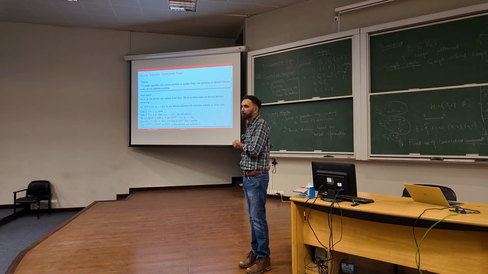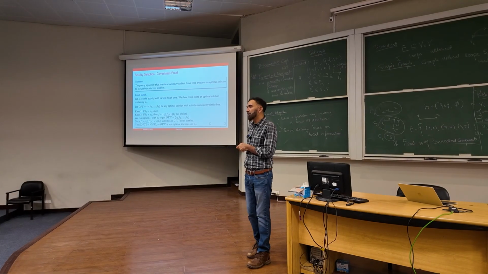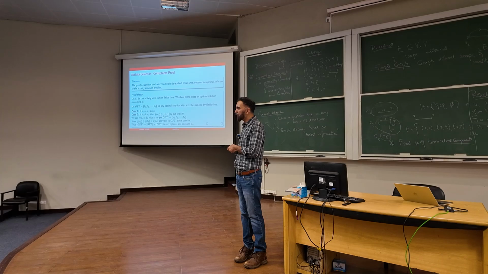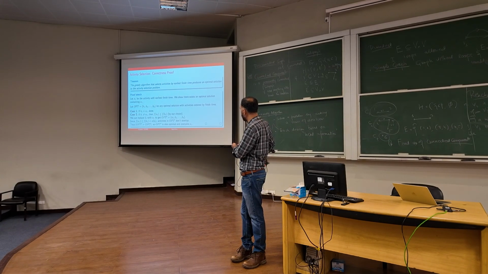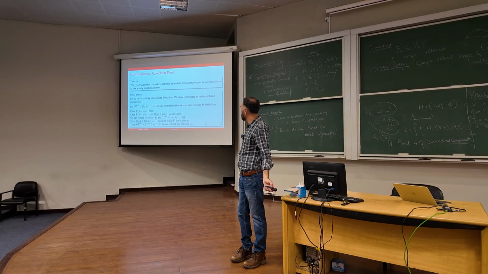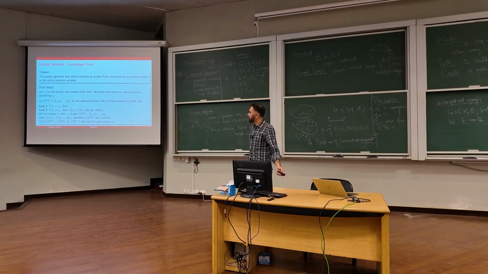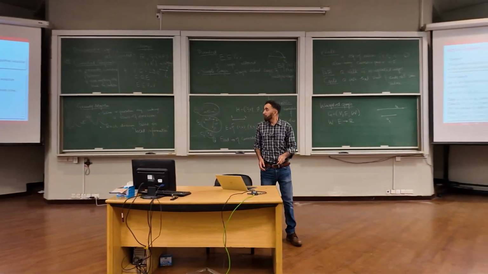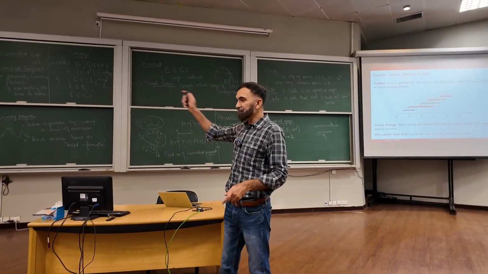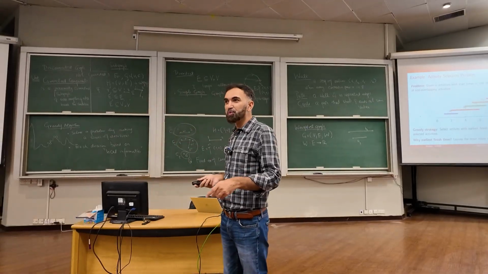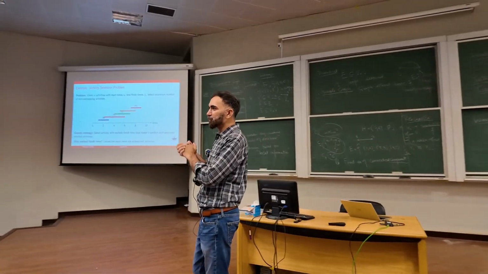So this is not a proof that the greedy algorithm always works. Greedy algorithm doesn't always work. There are going to be cases, as we see here, where greedy is going to fail. But what this slide is saying is that for this particular problem, the activity selection problem, if you do greedy, then you are going to get an optimal solution.